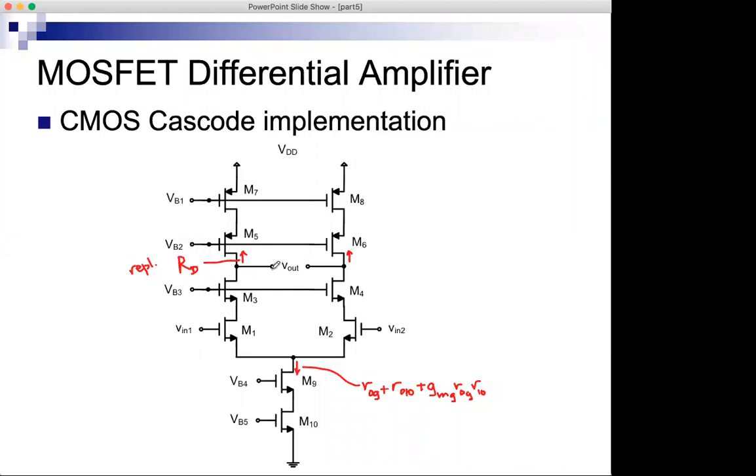And I have a cascode amplifier with a large RD to the supply, and the cascode is built in a differential way with two inputs coming at the gates of the two MOSFETs M1 and M2, and the current source is implemented using two MOSFETs, and also it has a very large output resistance.